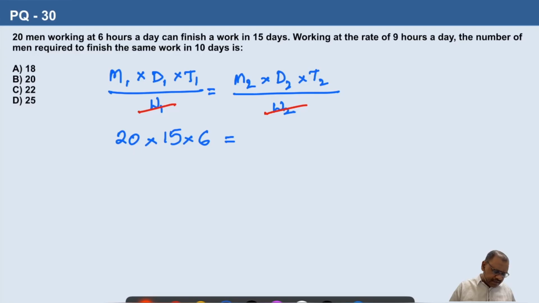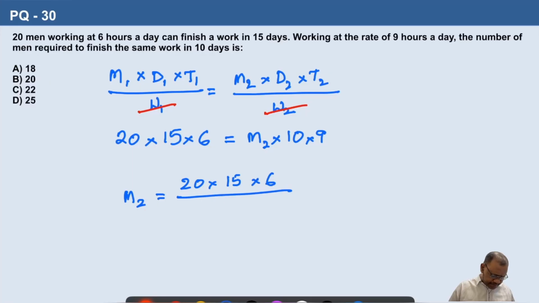In the second case we need to find the number of men. The number of days is 10 and hours per day is 9. So we need to simplify this. M2 equals 20 into 15 into 6 by 10 into 9.